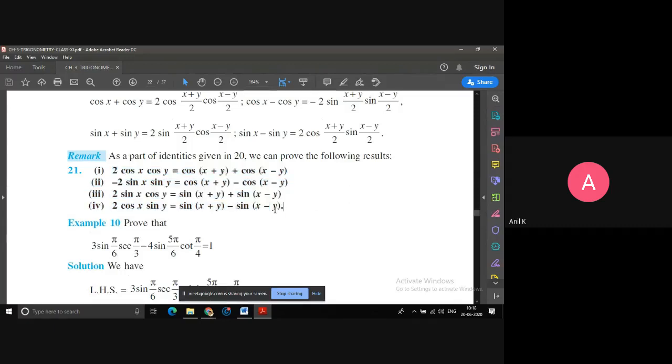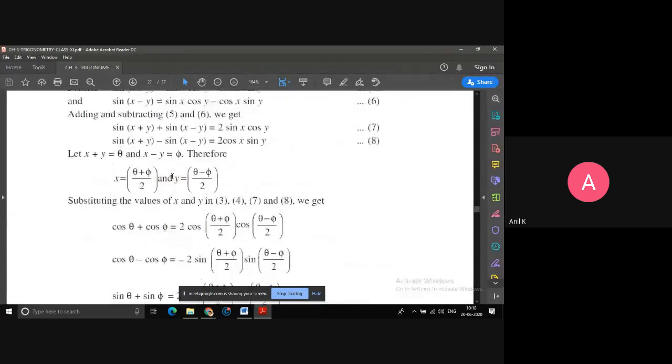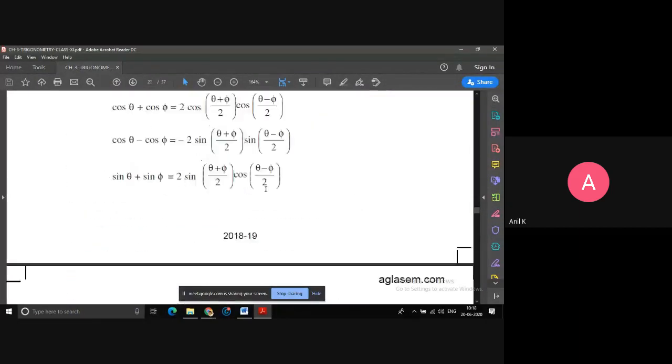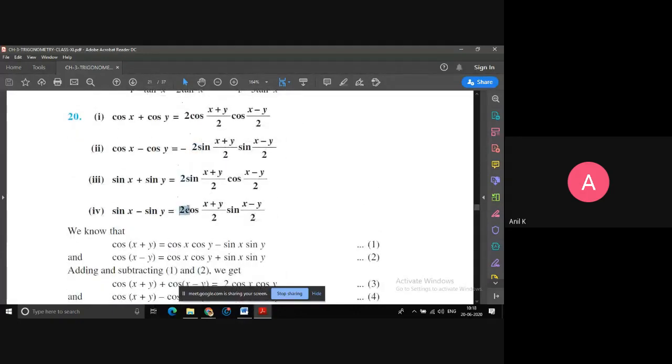So both are reverse identities. In the question, if they give a sum of trigonometric functions, I go for that. And if they give a product and ask you to prove it in addition or subtraction, then I have to use this identity. And in both ways, 2 is multiplying. Even here also 2 is multiplying. So this 2 is there for everyone.